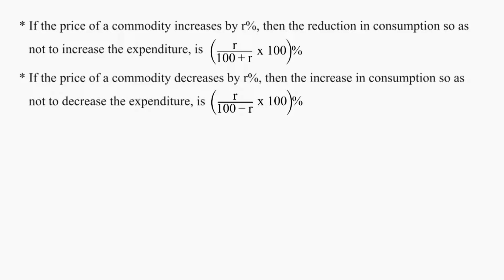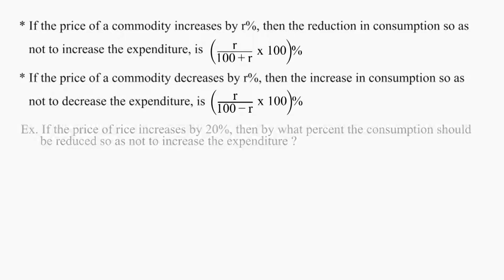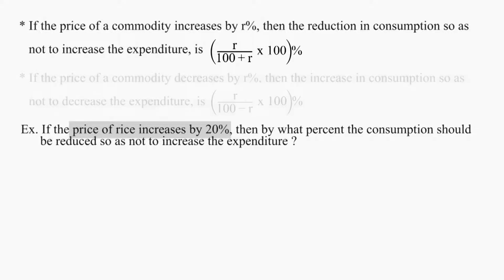Let's try to understand this by an example. If the price of rice increases by 20%, then by what percent should the consumption be reduced, so as not to increase the expenditure? Since here the price of the commodity is increasing, we will use case 1 of the above rule.